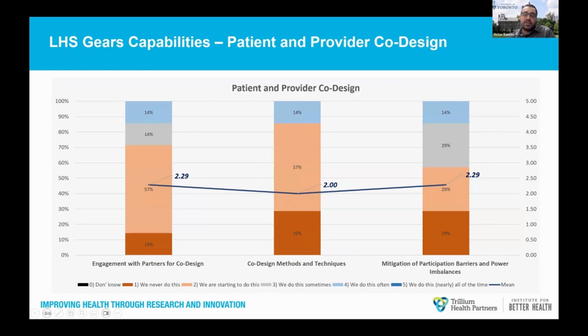But that variability might indicate that in some areas this might be occurring in the organization, and others aren't. And so in other pilot tests, we were able to compare these data across different programs within the health system. That's important to be able to assess where it might be the case that in some areas, in some programs, we're doing this often, and in others not so much.